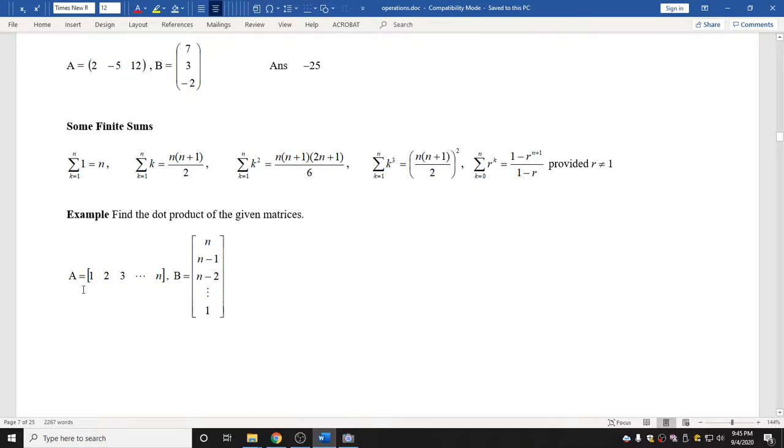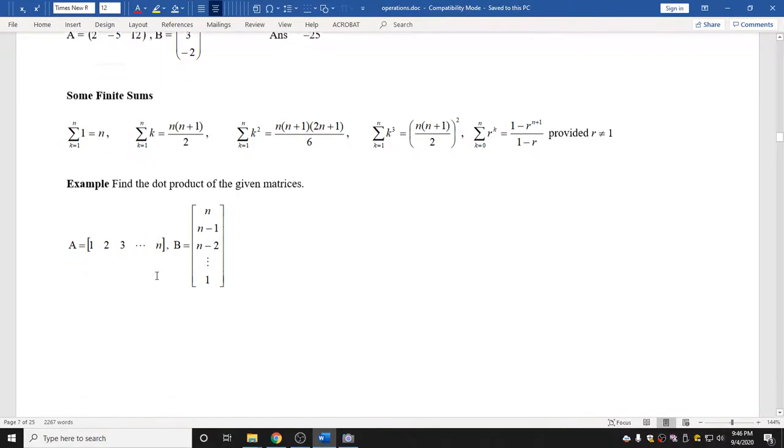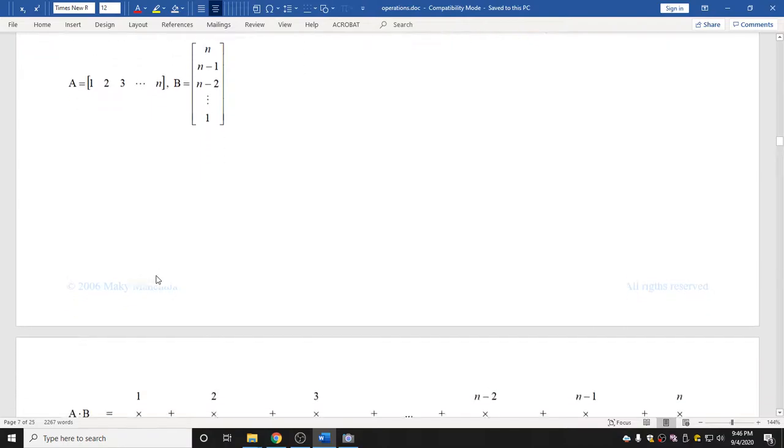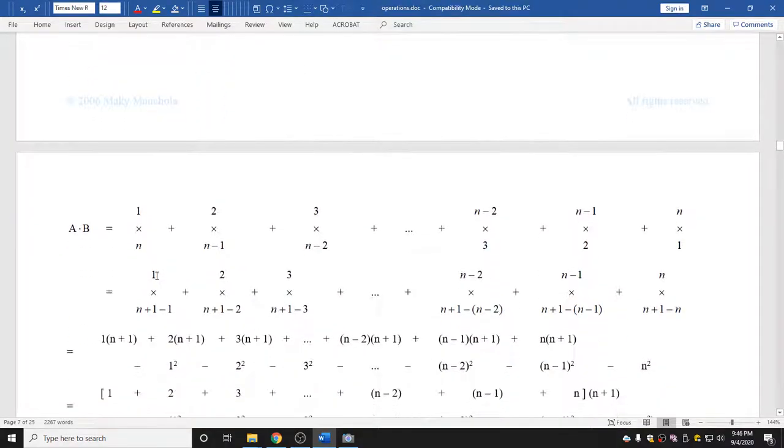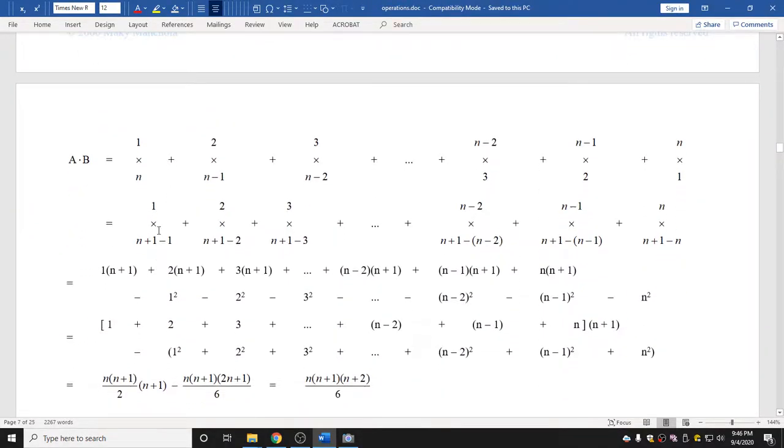So if n is 1, of course, you just get the answer 1 times 1, which is 1. If n is 2, then you get 1 times 2 plus 2 times 1, which is 4. But then what we want to know is what do we get for n in general. So in the next page, we're going to see the patterns that are going to help solve this problem.